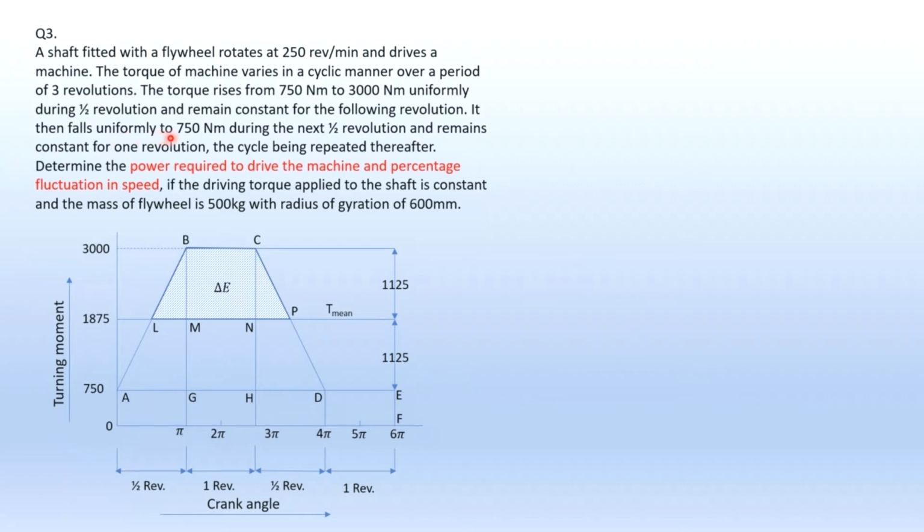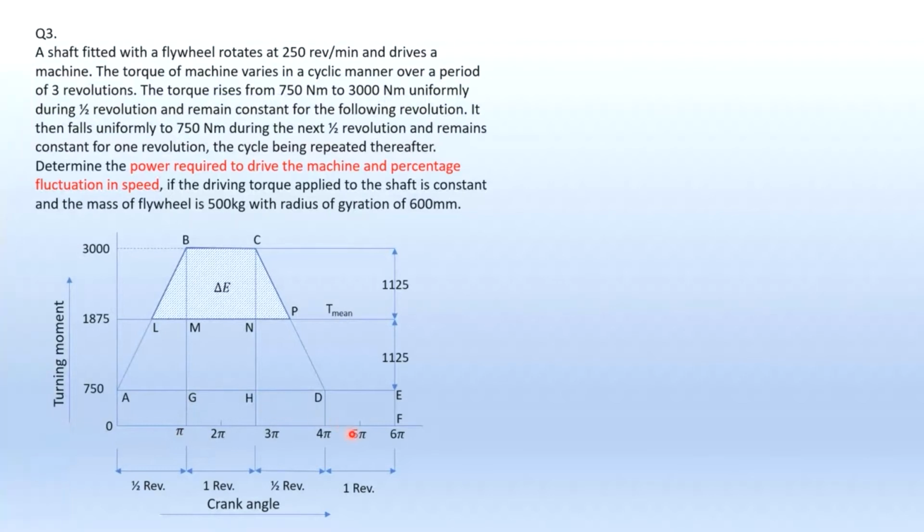It then falls uniformly to 750 Newton meter during the next half revolution, which is also equal to pi. After that, it remains constant at 750 for 1 revolution, that is 2 pi.